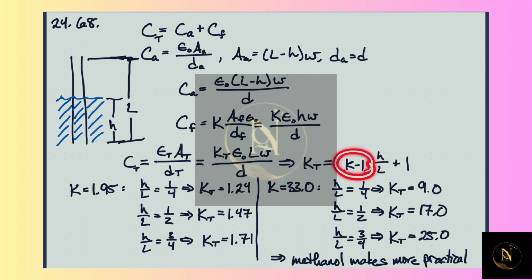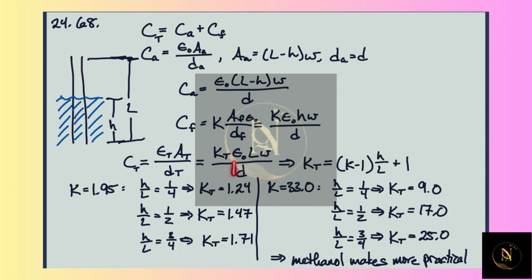The slope here gives us the sensitivity, how sensitive this is to changes in H, and it is about 1 in this case. When H is 0, the effective dielectric constant is 1, the same as free space. When H is L, the effective dielectric constant is just that of the fuel, because it's completely submerged.